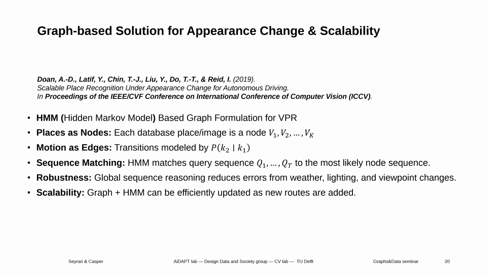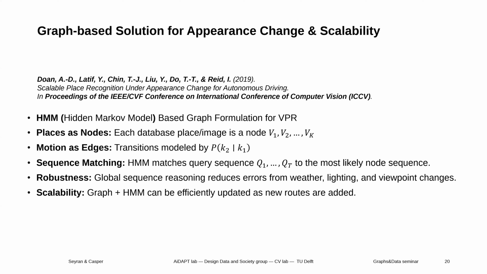This one, I think it's from 2019, and it uses a hidden Markov model based on a graph formulation. Basically each image in the database is a node, and on the edges, based on the structure and the movement of the robot, you know the probability of transition from this image to another one, like predicting what the next scene would be.